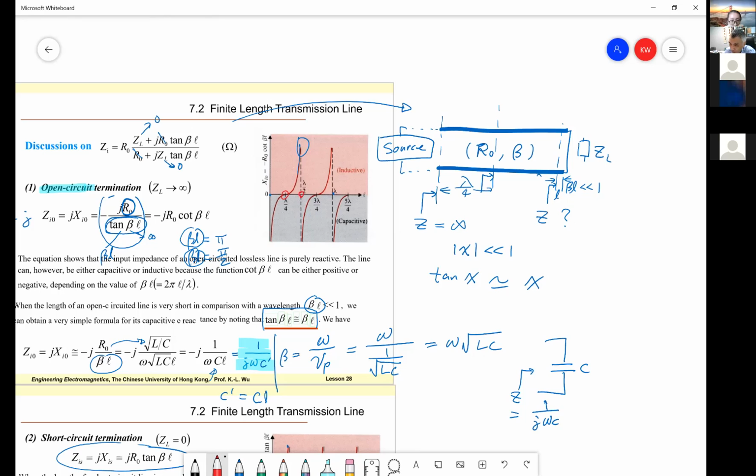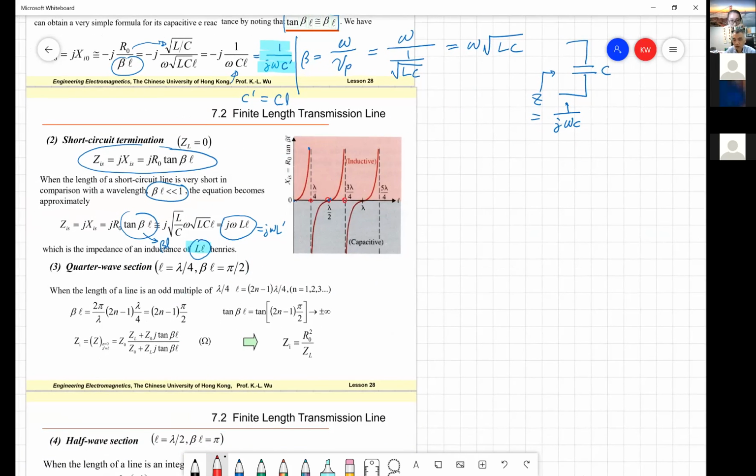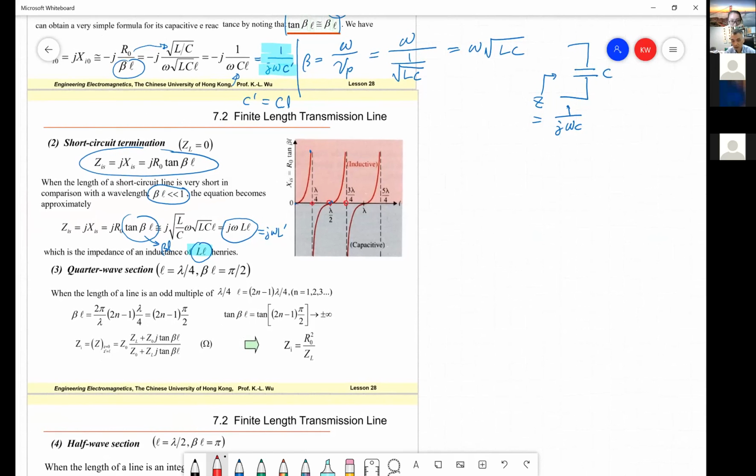Then from open circuit to short circuit, also another quarter wavelength, right? So that means the property reverses every quarter wavelength, same as this transmission line. From here to here, quarter wavelength, this is another quarter wavelength. So for quarter wavelength along the transmission line, we have this relation.